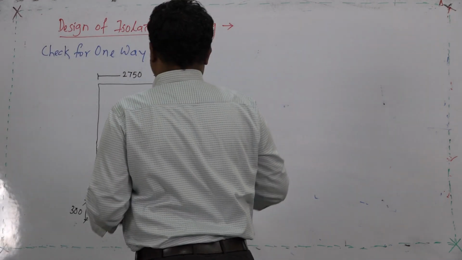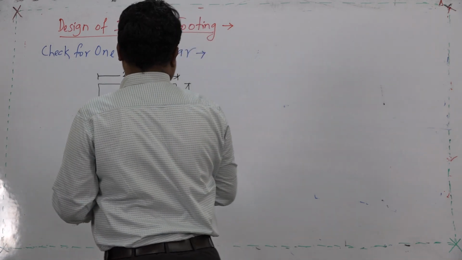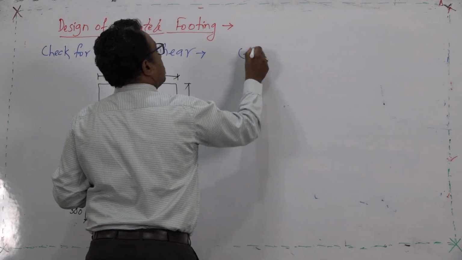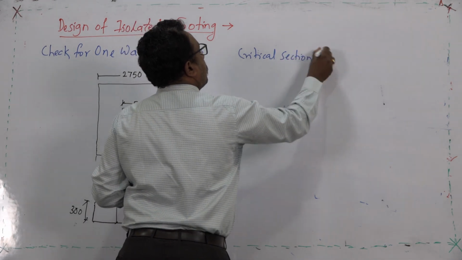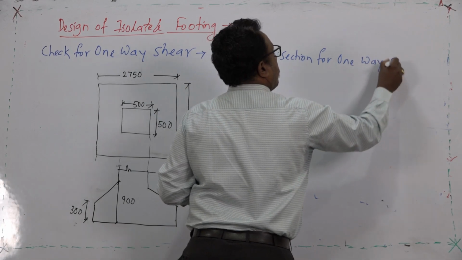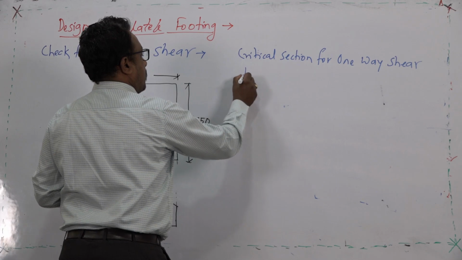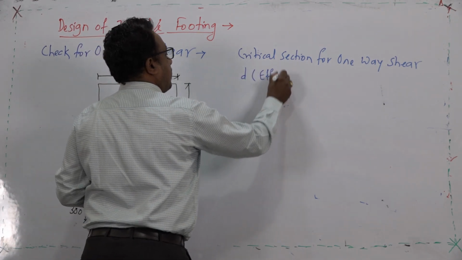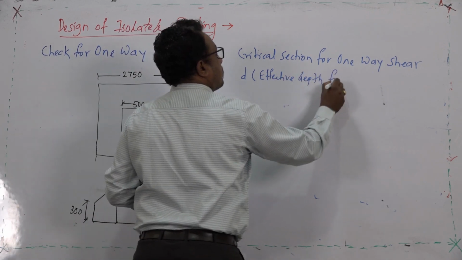Now we will follow the check for one way shear, and as per yesterday's discussion, the critical section for one way shear will be located at a distance of small d, that is the effective depth, from the face of column.